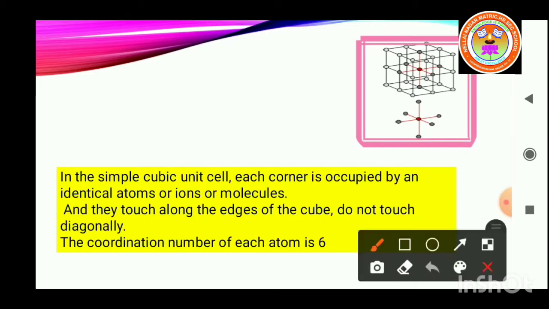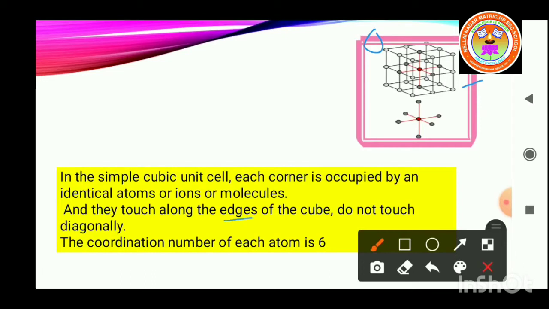Yes, see here, this is a diagram of simple cubic. In that cube, each corner is occupied by an identical atom, ion or molecule. And how do they touch together?